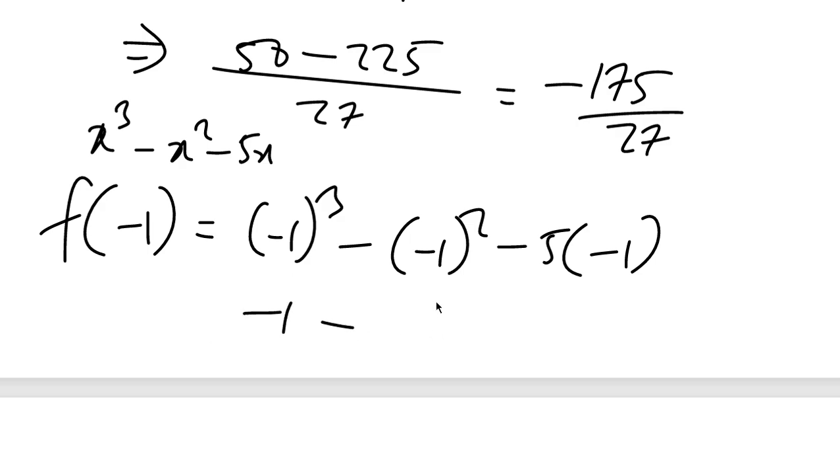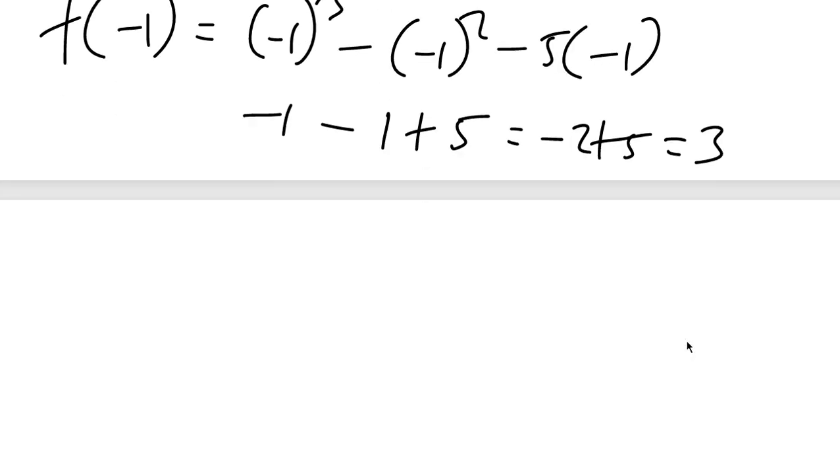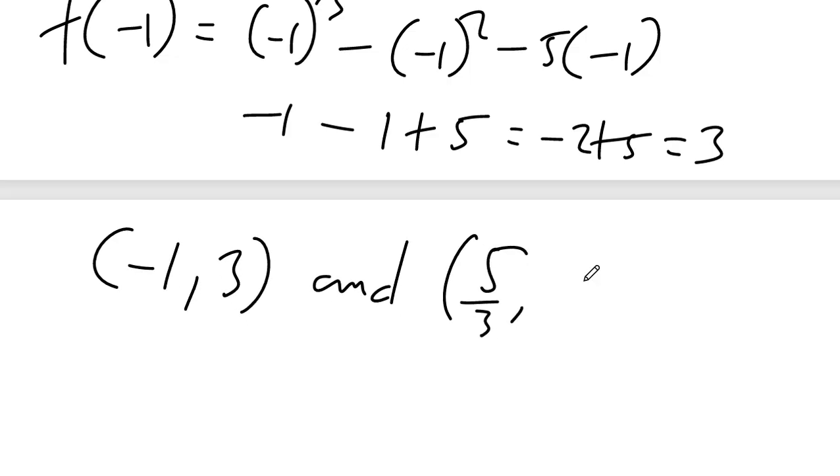That's minus 1. Minus 1 squared is 1. Minus 5 times minus 1 is positive 5. And then that's negative 2 plus 5, which is actually what? 3. So the two critical values are minus 1 comma 3, and when we substituted 5 over 3, we got negative 175 over 27.